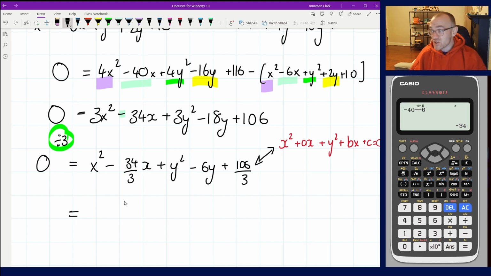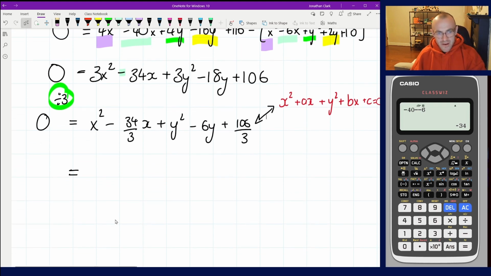Does resemble a circle a bit more. The next thing I'm going to do is complete the square for these parts. So it looks a little bit more like a circle again. The basic premise for completing the square is just going to be half that value there. So it's going to look something like this.